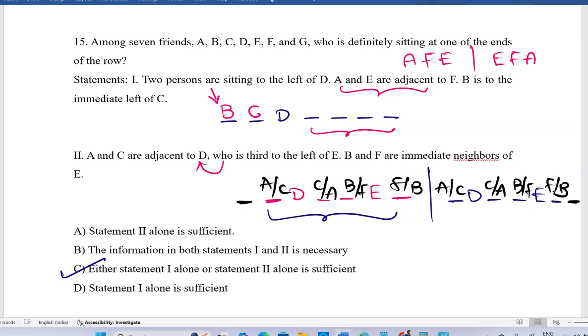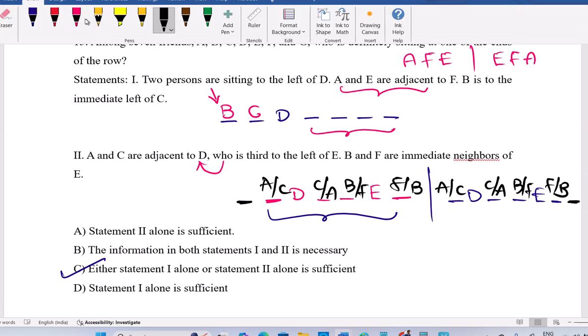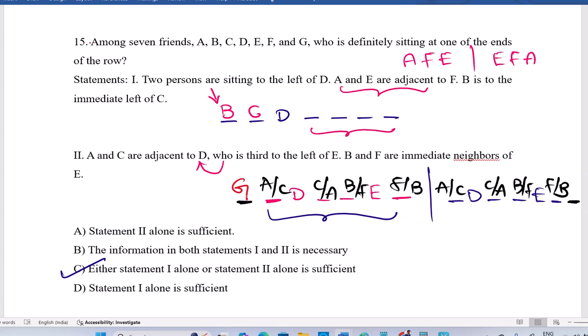But one of the ends is damn sure occupied by G. So with 2 alone I can say one of the ends is definitely occupied by G. With 1 alone I can say one of the ends is definitely occupied by B. So either statement 1 alone or 2 alone, I can decide who is going to be fixed at one of the ends of the row. Right? Okay, good.